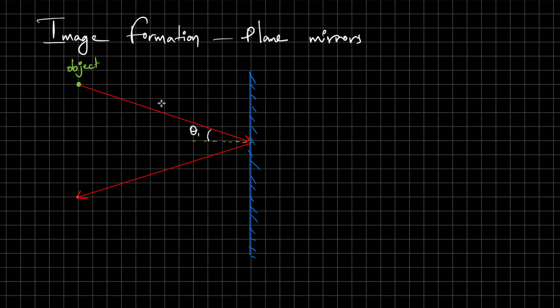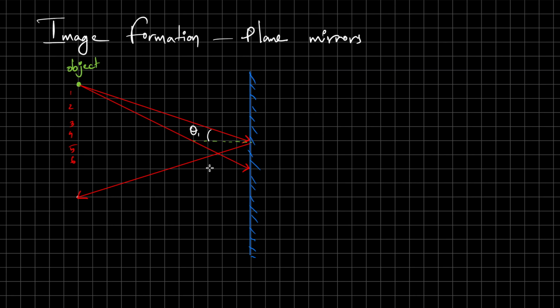Now we need one more incident ray and reflected ray. Second incident ray at this point. That's like 1, 2, 3, 4, 5, 6 squares down.